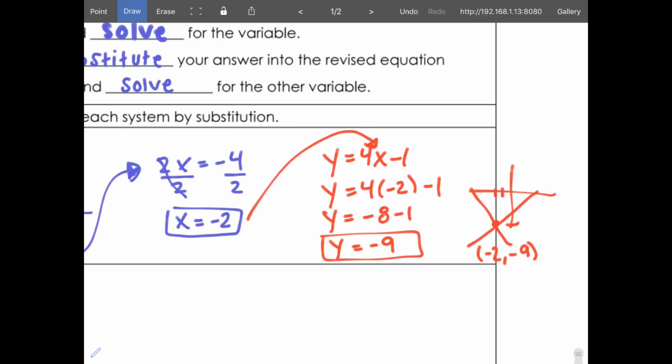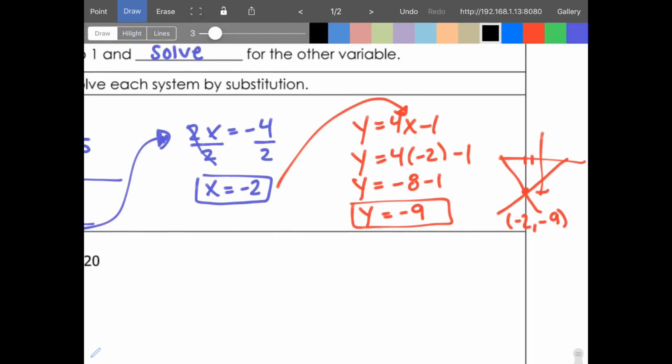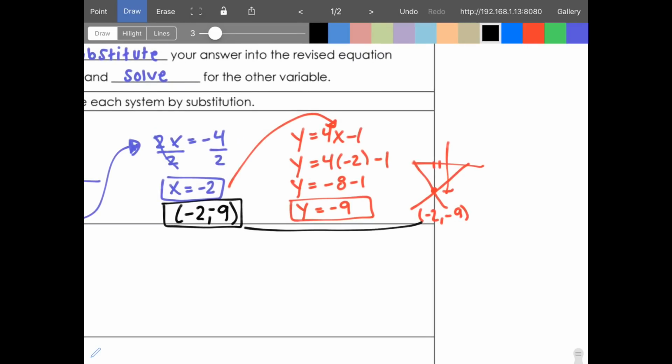That's what we just found, but we found it without using a graph. Instead of using a graph, we use something called substitution. So the way we write this answer is not x equals negative 2 and x equals negative 9. It's negative 2, comma, negative 9, because that's the point of intersection. If we were to draw it, it would look like that.